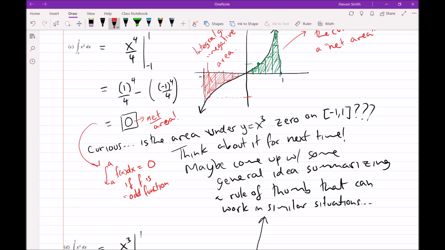And remember, an odd function just means it's symmetric about the origin, i.e., if you take f of x, f of negative x is equal to negative f of x. Right, so that was what was going on here.